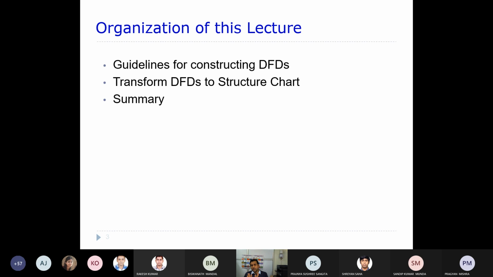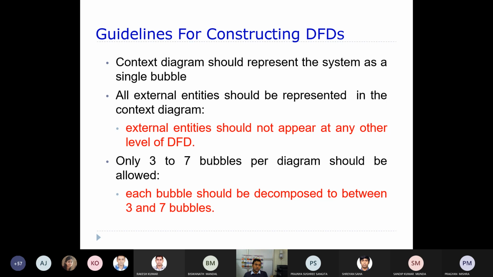We have already discussed the structure chart during the discussions on the software design phase in the life cycle model discussion, so I will repeat it a little more. First, we'll see certain guidelines.